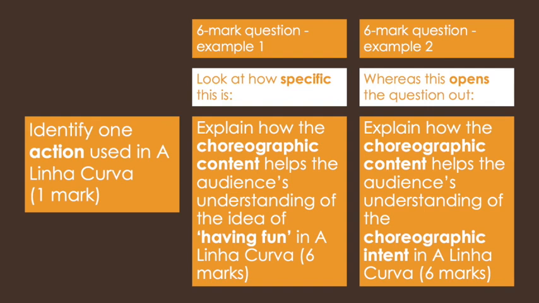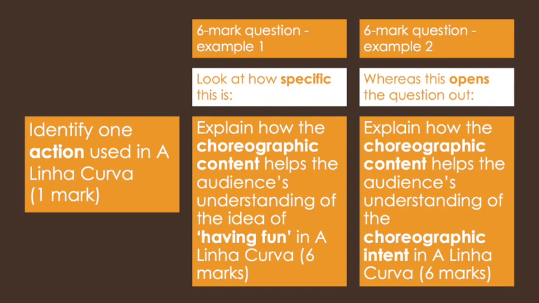Having fun is one of a linear curve's choreographic intentions, which means that you can only talk about this intention for this question. Do not talk about how the choreographic content helps the audience's understanding of the idea of men pursuing or communicating or showing off to the women, which is the other choreographic intention of a linear curve, as you will receive 0 marks.